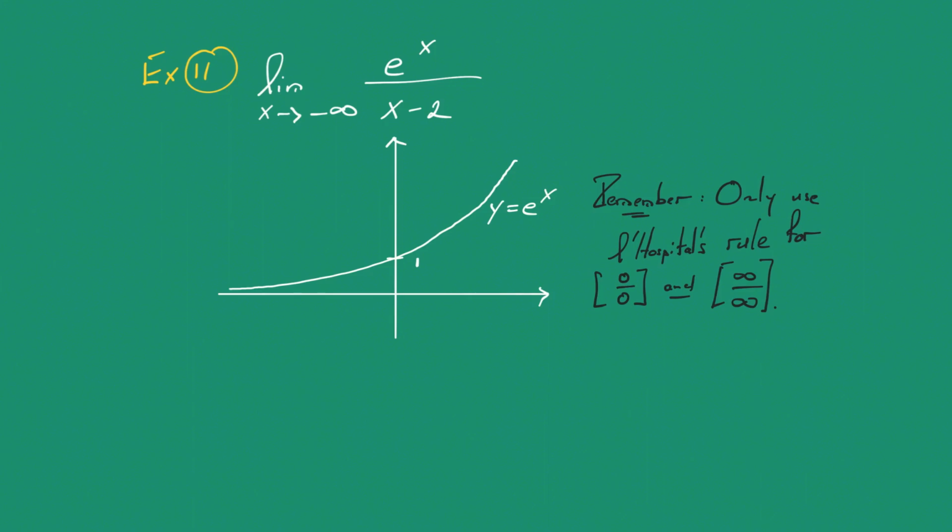So this numerator here is tending to 0, but what about the denominator? Well, for large negative values of x, x minus 2 is, well, a large negative value of x. We subtract 2, you get an even larger negative value of x. So that denominator is actually tending to minus infinity.